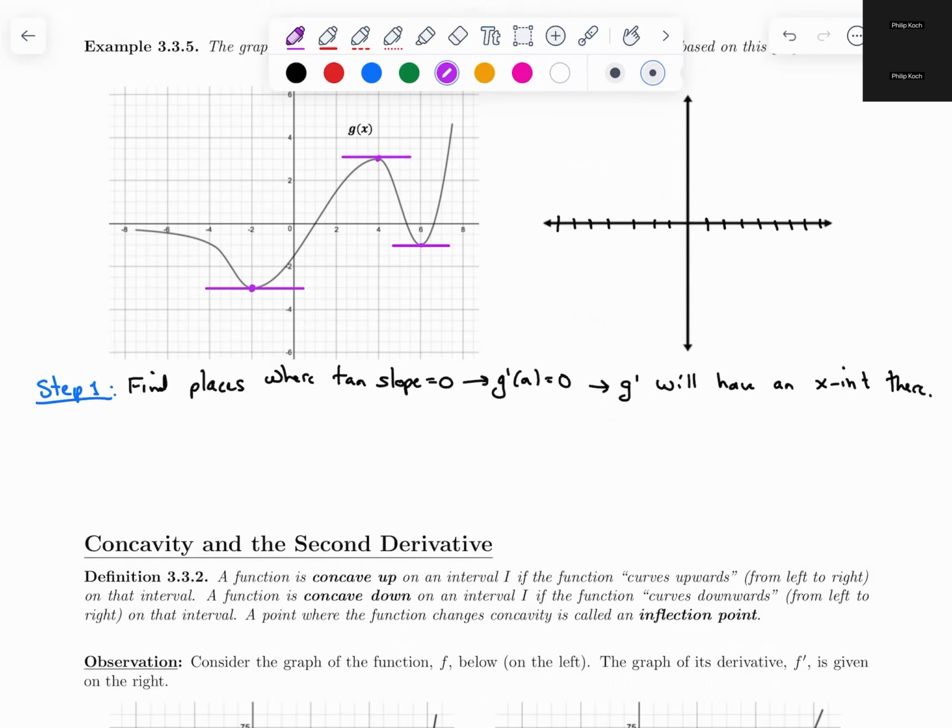So we have an x-intercept at -2 for g prime. We have an x-intercept at 4 for g prime and an x-intercept at 6 for g prime. So -2, 4, and 6. We know those values. Okay. Does anybody have any questions on that?